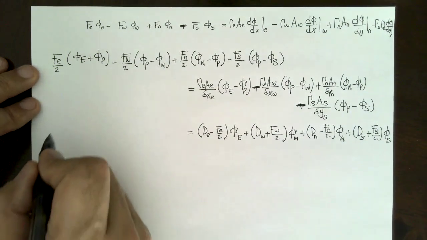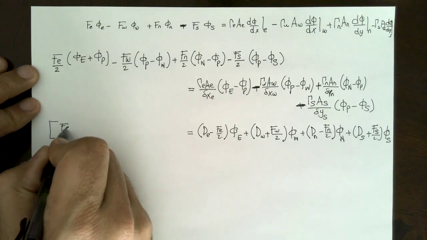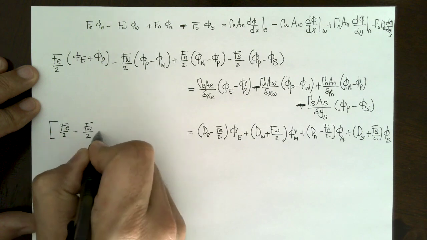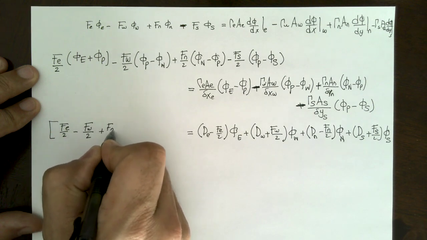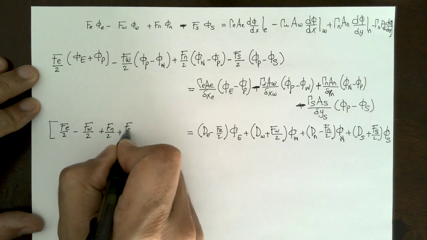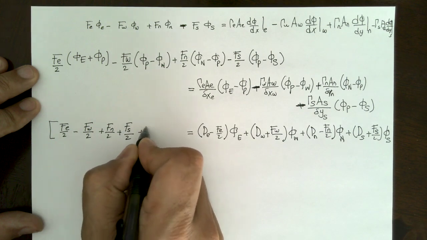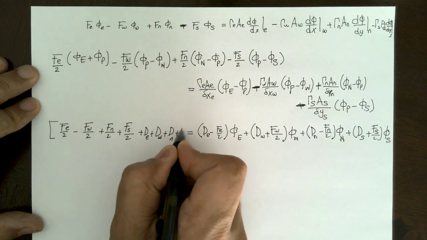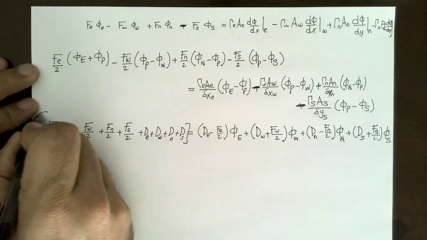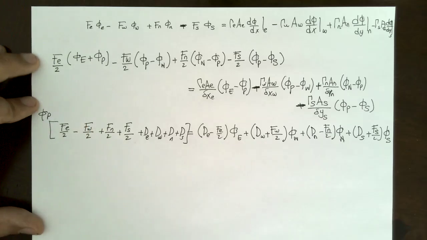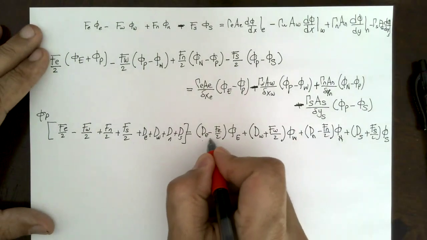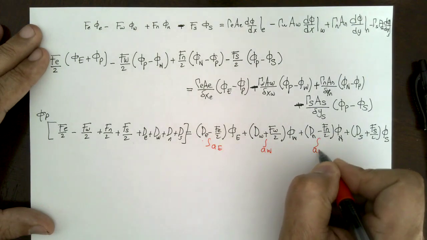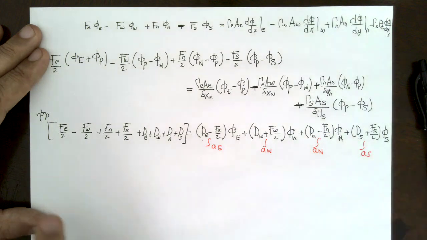On the left-hand side, I will have a big bracket with fe over 2 minus f west over 2 plus f north over 2 plus f south over 2 plus d east plus d west plus d north plus d south, all of that multiplied by phi p. So this is A east, A west, A north, A south.